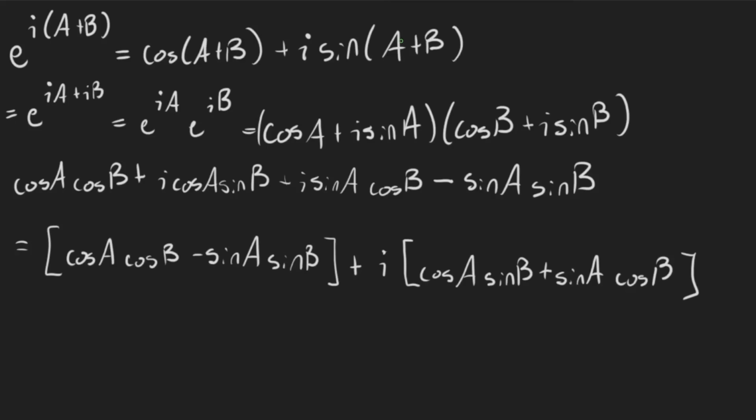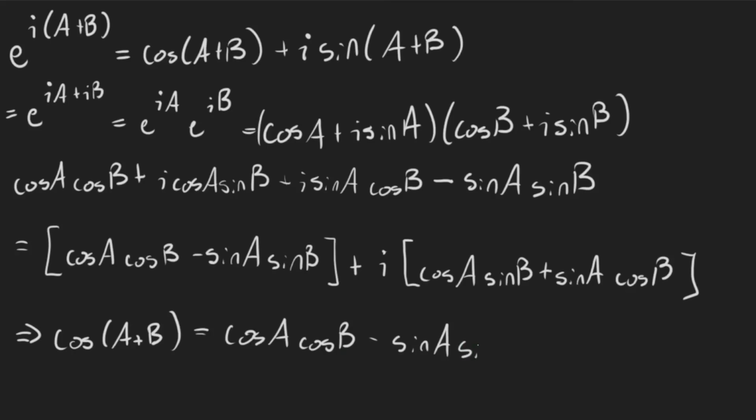And since the imaginary part and the real part have to equal each other, we can combine these and say that cosine of a plus b, which is the real part of this expression right here, has to equal all of this stuff: cosine a cosine b minus sine a sine b.